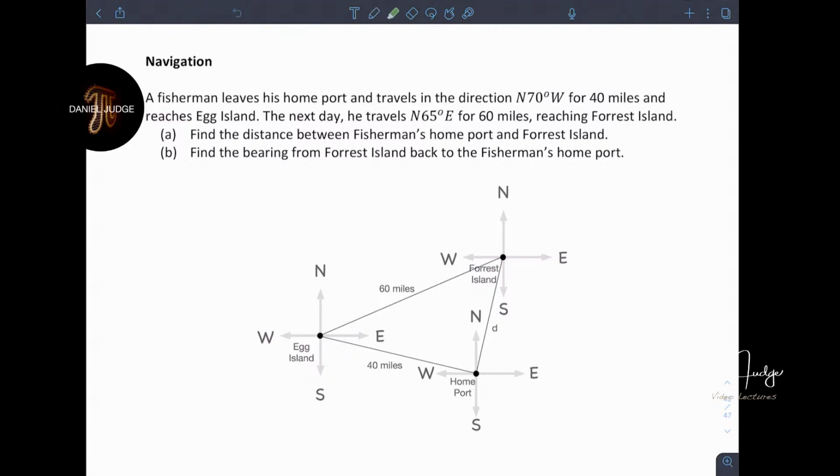Okay, so we have a fisherman leaving a home port. So here's the home port and travels north 70 degrees west. North 70 west. So in this picture, north 70 west, this angle would be 70 degrees.